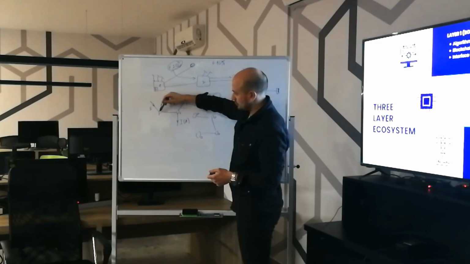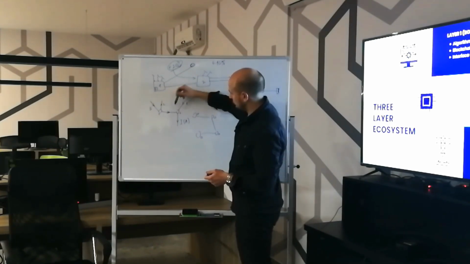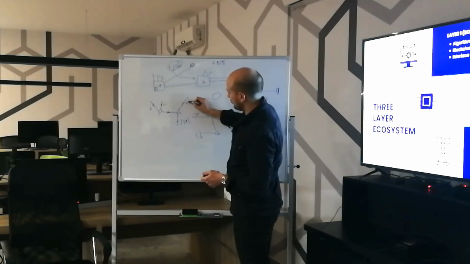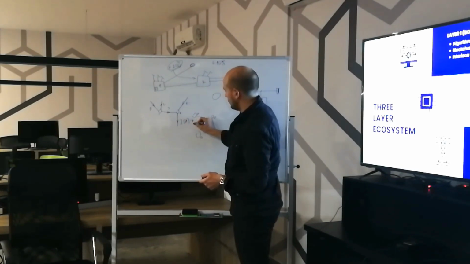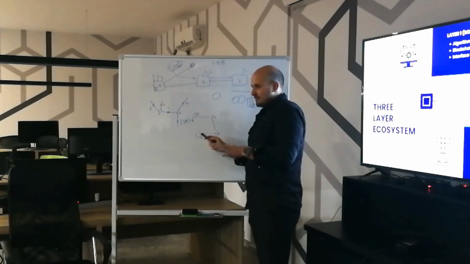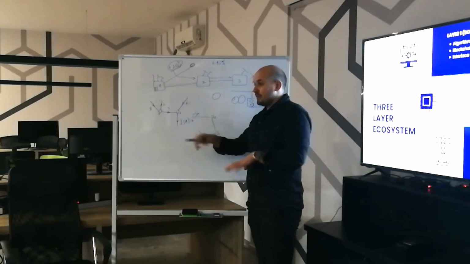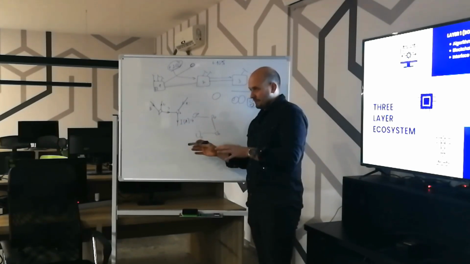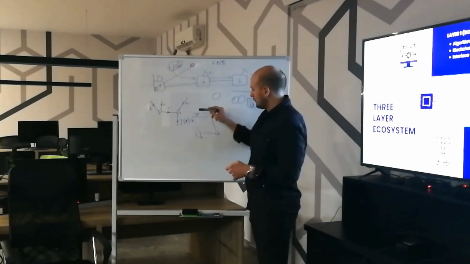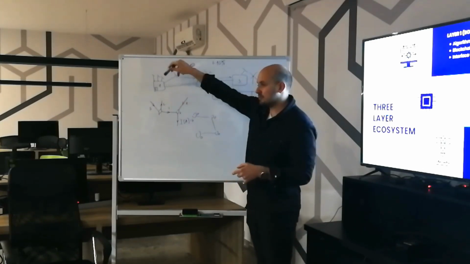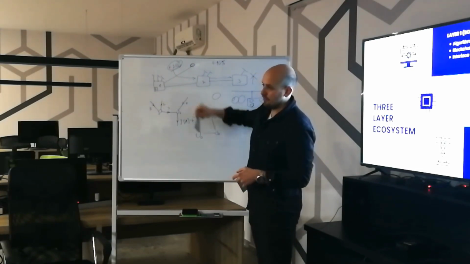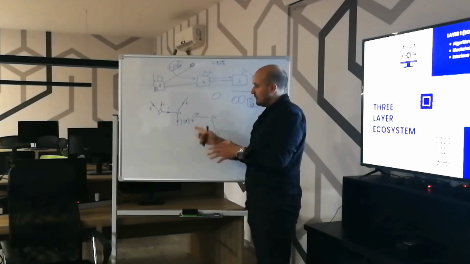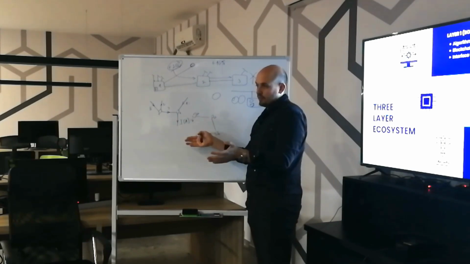Then we have 3 more going to node 2. We have 1 unit going through here, so 3 plus 1 is 4. This all happens instantaneously. If we want to make this work, we need to make it work instantaneously. If we wait for the blockchain to calculate everything, put it on the smart contract, and then execute the transaction, this node will at a certain point be out of electricity.